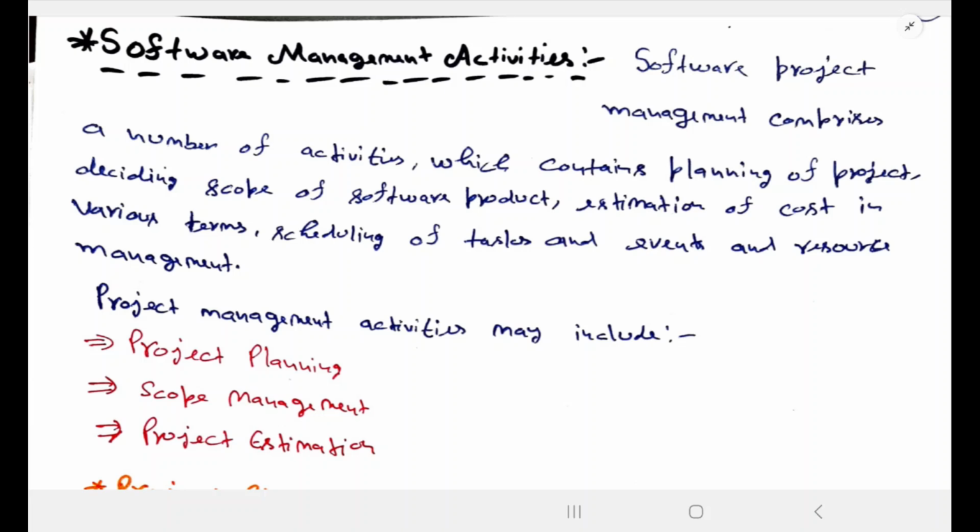As we all know, software project management comprises a number of activities, which contain planning of the project, deciding the scope of the software product, estimation of cost, size, and time taken to complete the project, and what kind of resources we need to complete this software project.